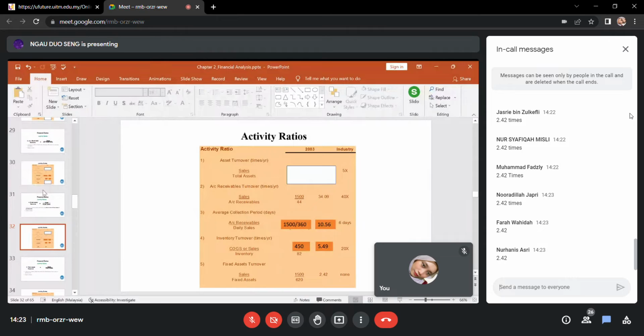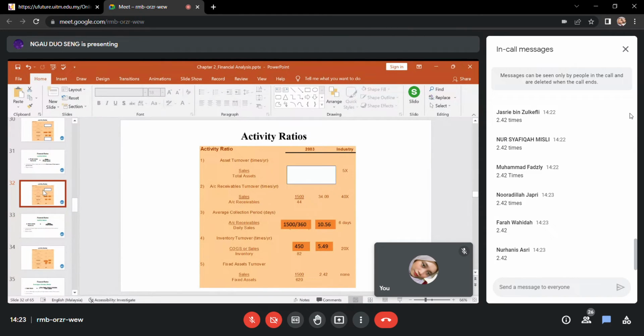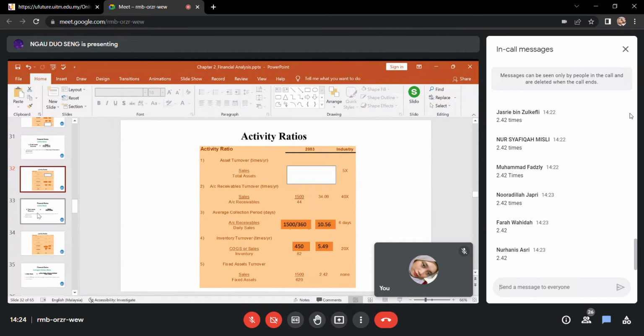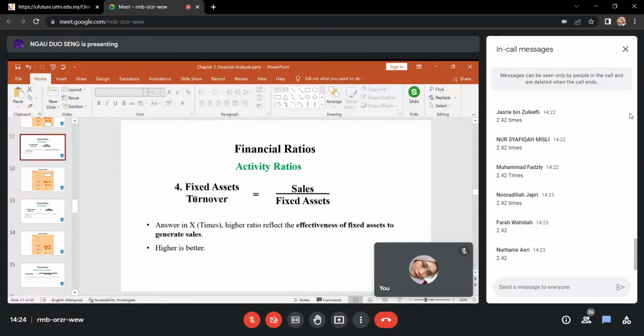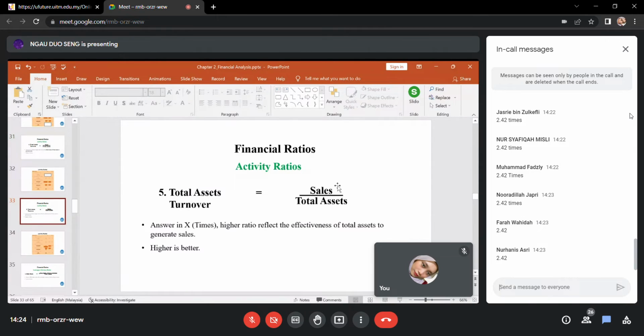Last one, we have the asset turnover. Total asset turnover equals sales divided by total asset. The answer is in times. A higher ratio reflects the effectiveness of total asset to generate sales. Previously we looked at fixed asset generating sales, now we are using total asset. Sales is in the income statement, total asset in the balance sheet.